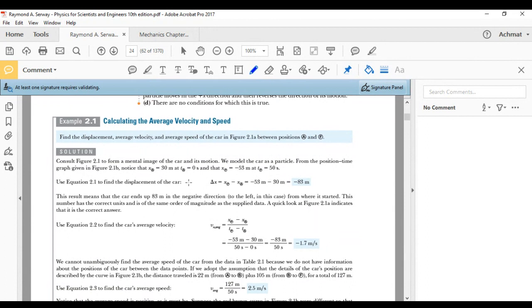Your initial position is a measurement, so that is 30, 2 significant figures. Or it could have been 1 also, I suppose, but I'm going to take it as 2. My time is just shown as 0, so that is 1 significant figure, because that's significant. And here my time is 2 significant figures.